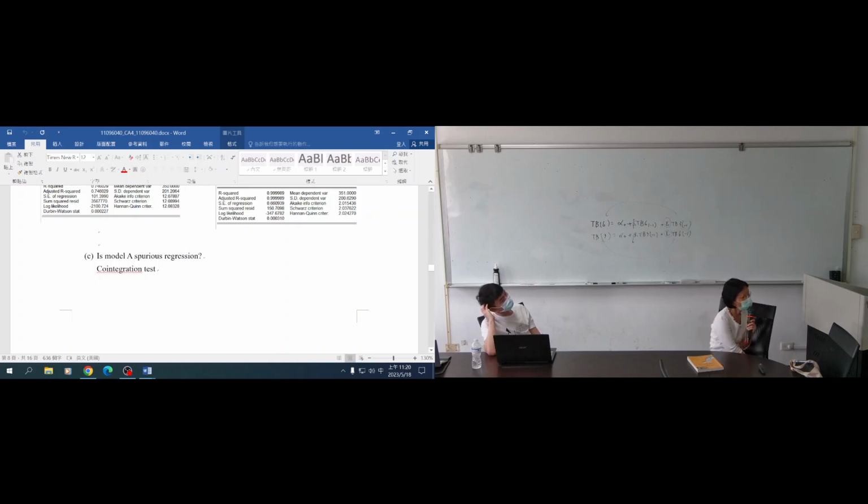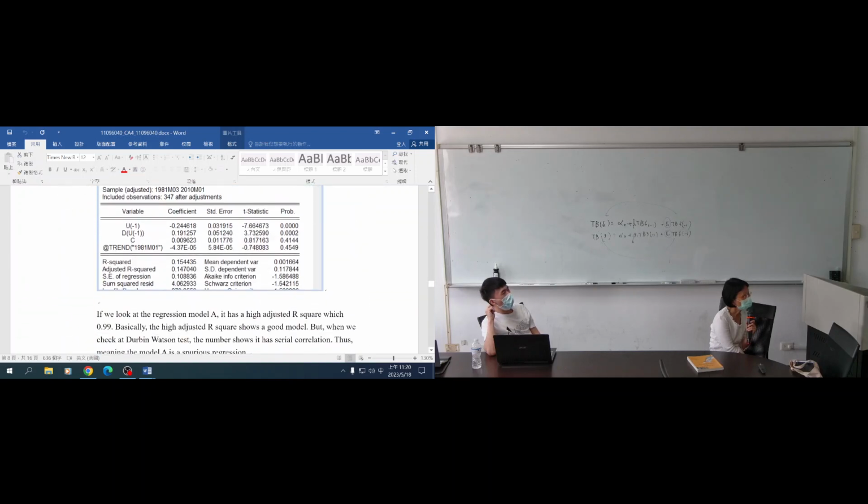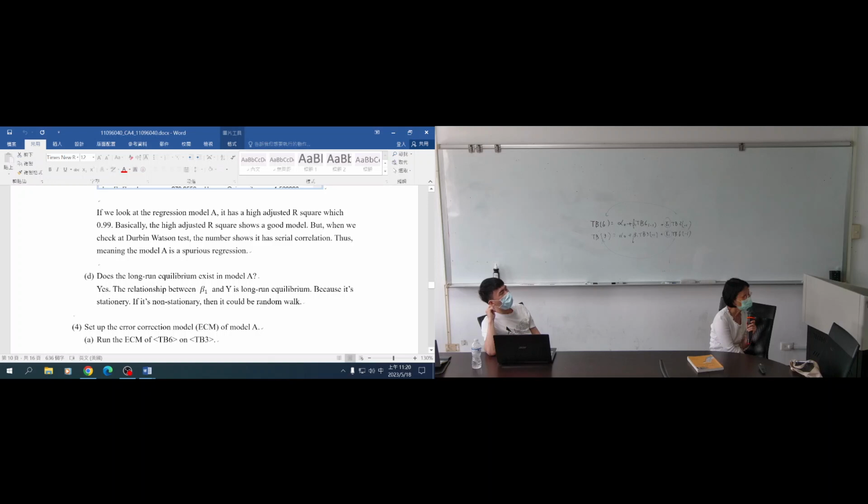Noted. Is model A a spurious regression? At first, I'm just saying that like what Steve does, I adjusted R square, which is 0.99, which is really high, but we check the Durbin-Watson test and so on.